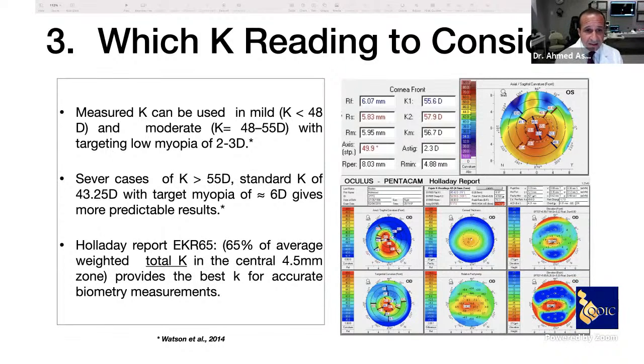So in severe cases, it's better not to use the measured K, but rather to use the standard K reading of 43.25 and target a moderate amount of myopia to get the best results.